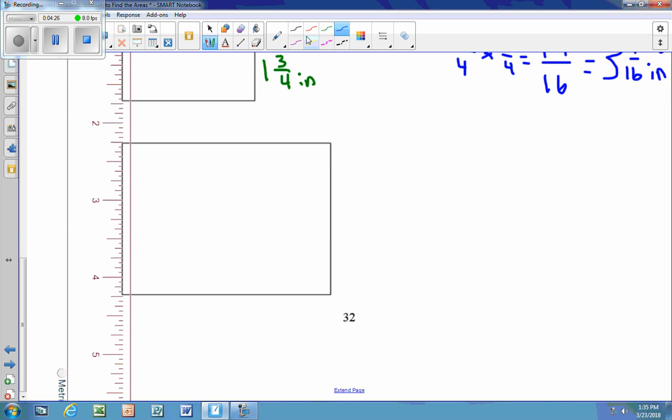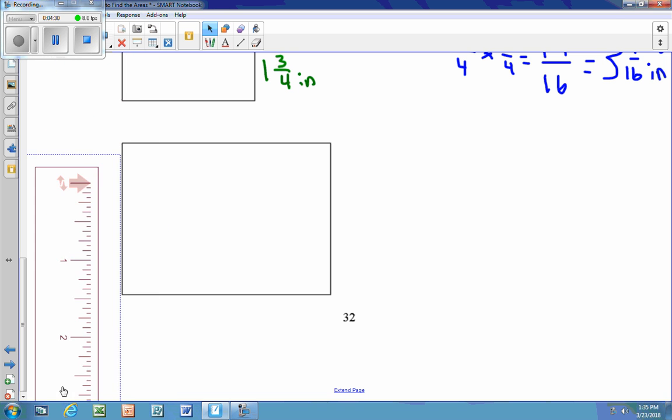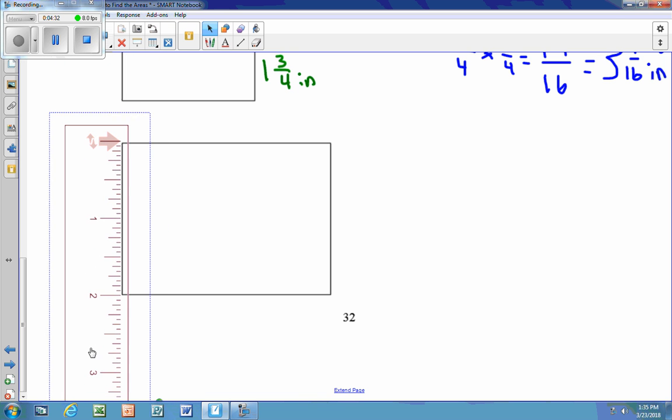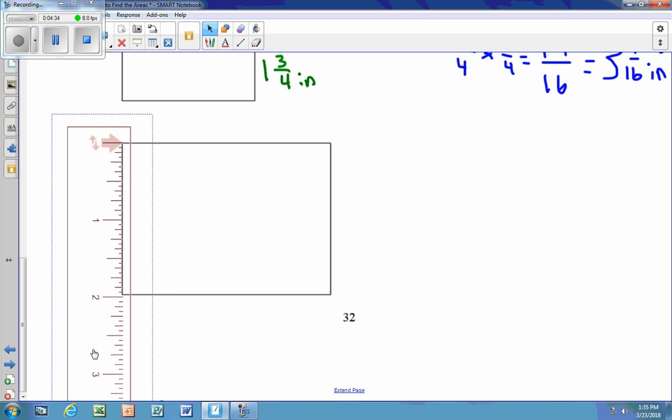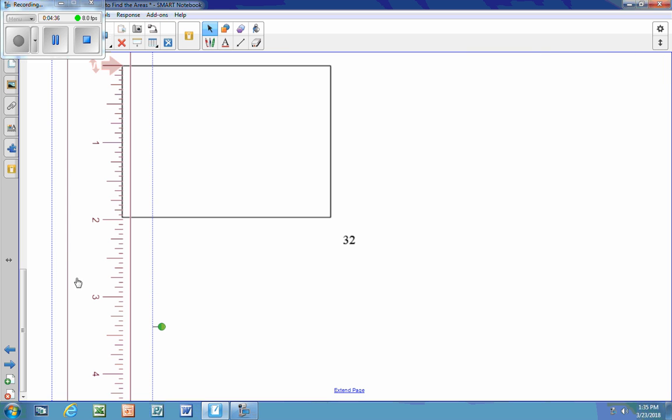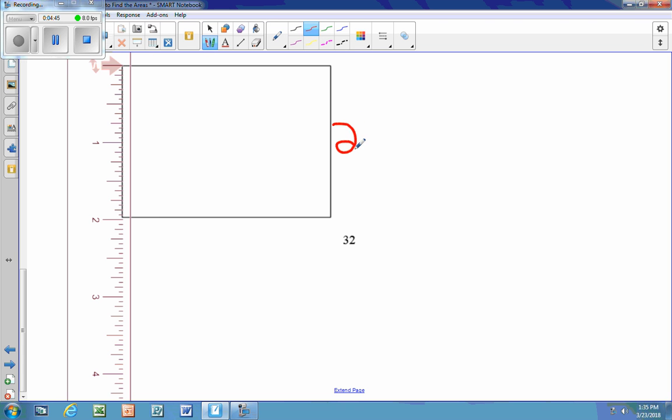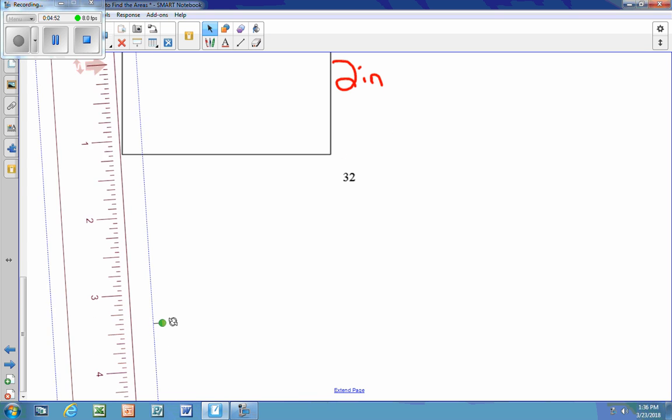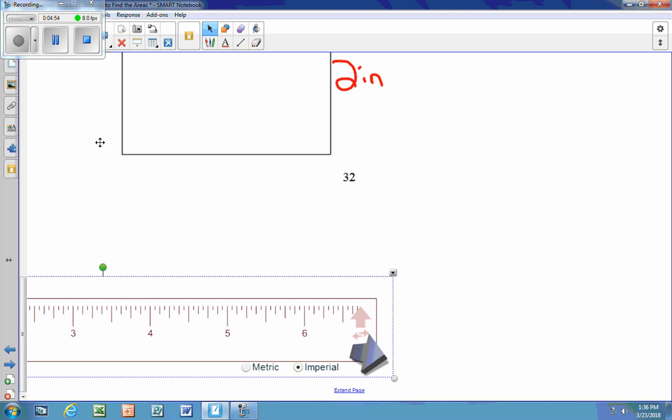Next one, when we measure, I'm going to measure the side right here. And when we first measure that side, we see that it is 2 inches. And now we have to flip it so that we can measure the bottom.